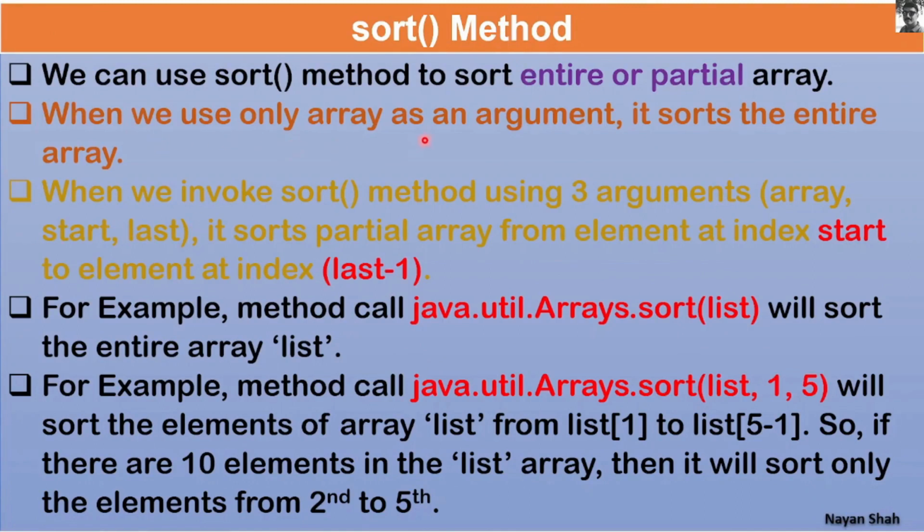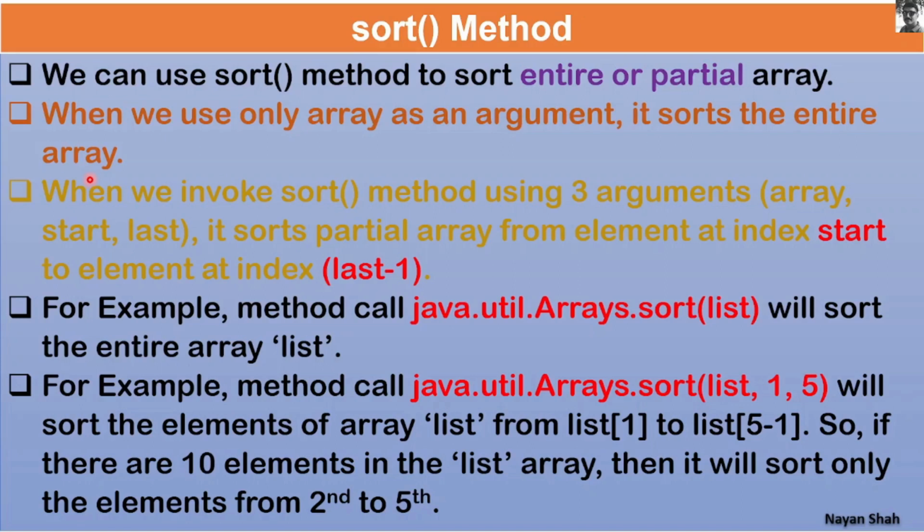When we use only the array as an argument, it sorts the entire array. We will see an example also. So if you use only one argument, and that is the name of the array, it will sort the entire array.